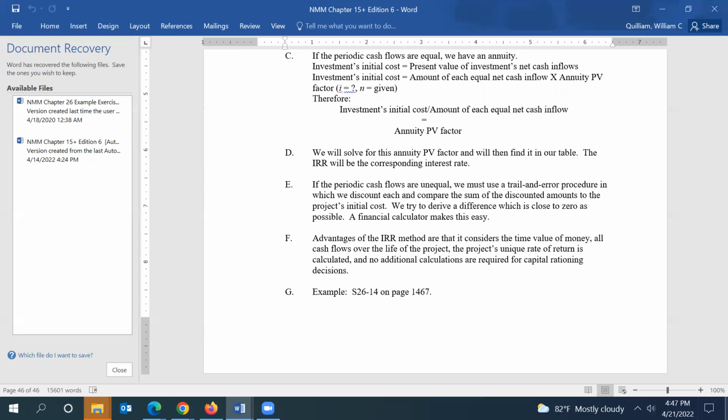Any questions here about Chapter 26? The internal rate of return. Okay, well, as we agreed, Tuesday of next week, we'll go over accounting information systems. Thursday of next week, we'll go ahead and take off because we're really far ahead of where I normally am in my night class of managerial.